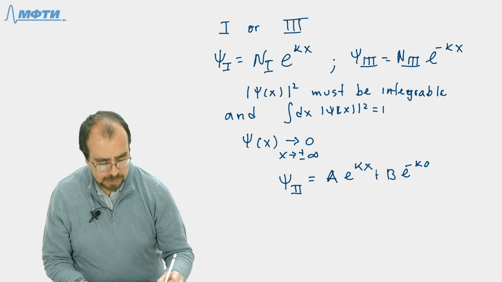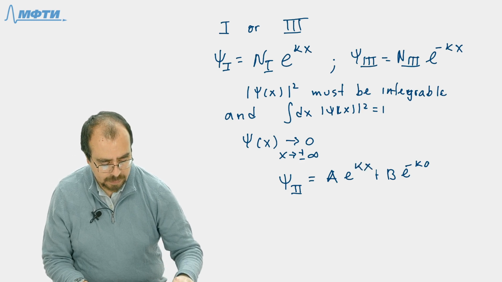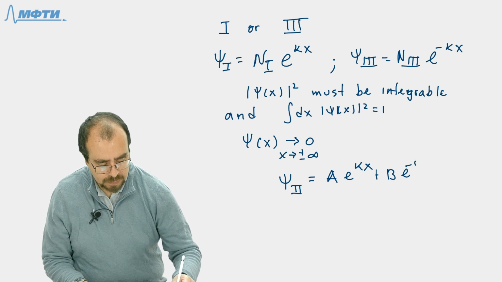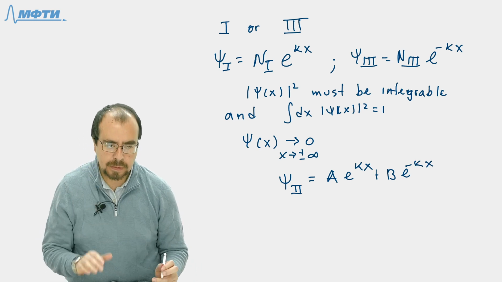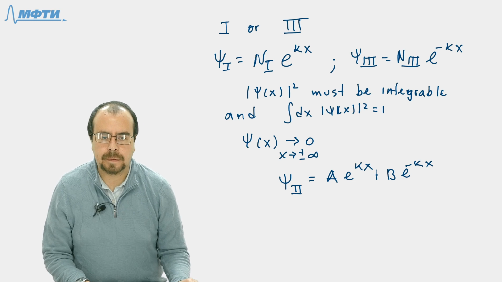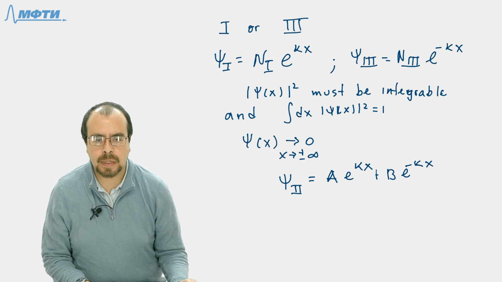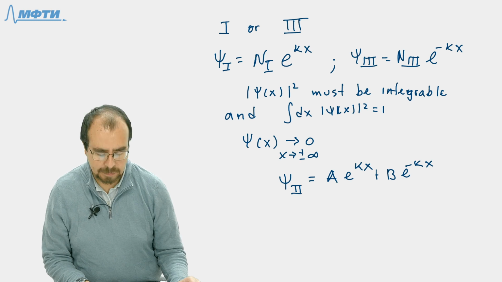The exponential of e to the kx and the exponential of minus kx, so we have the combination of both minus and plus kx.